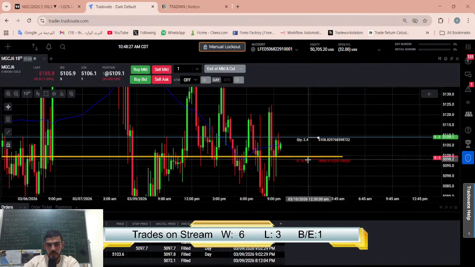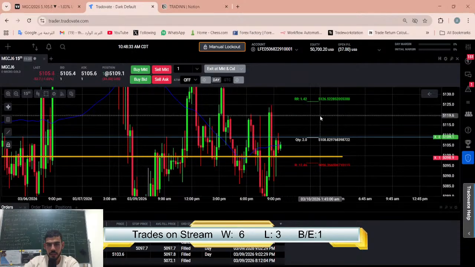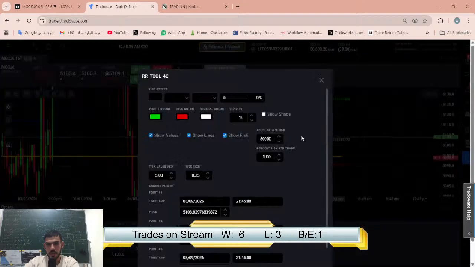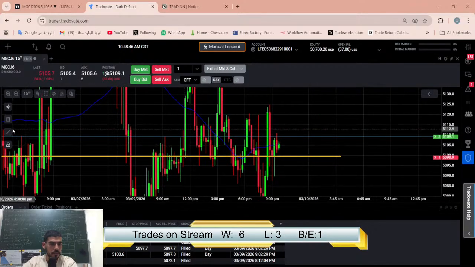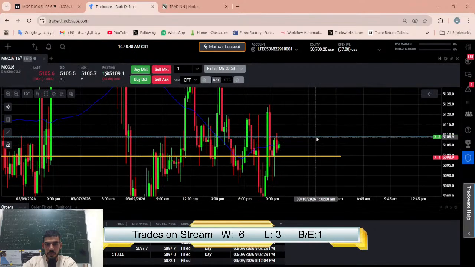So, for example, if our stop loss was here, oh, so it decreases the quantity too. And our take profit is 1 to 4, or we can adjust risk. So, what if I want to risk 0.5%?